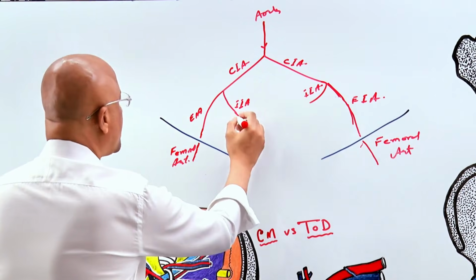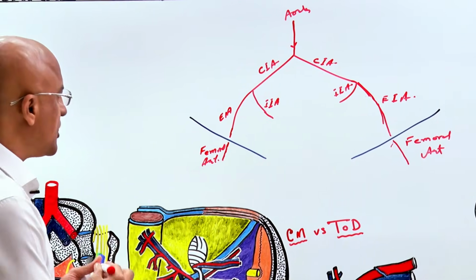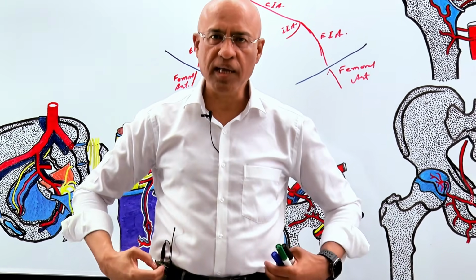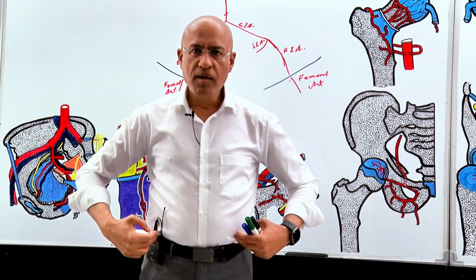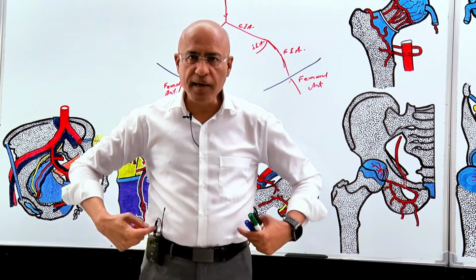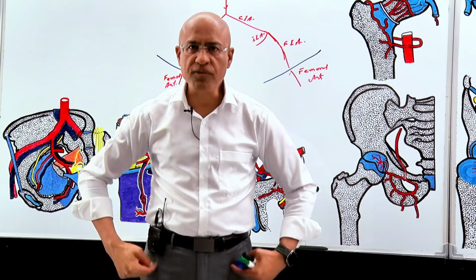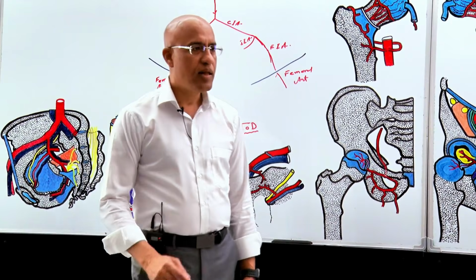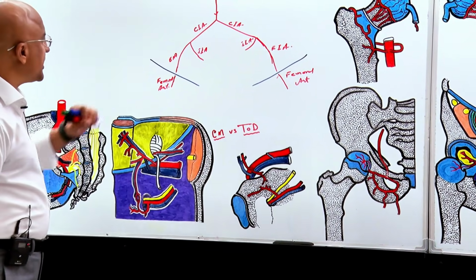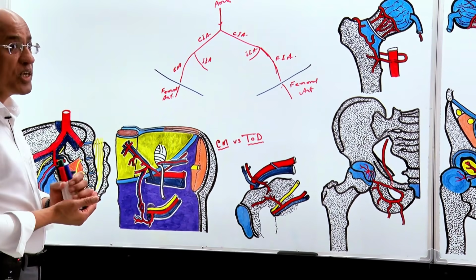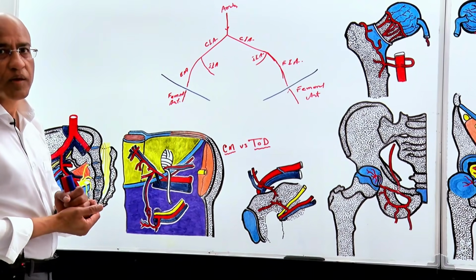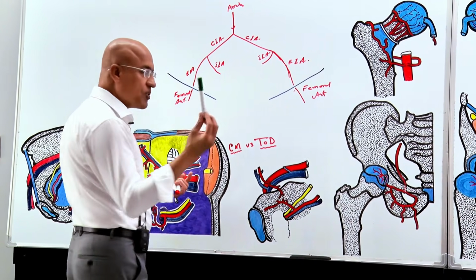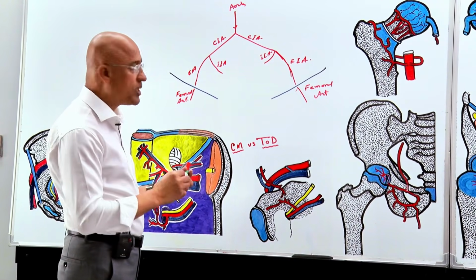Now, in this basic scheme, the aorta is there, and of course the common iliac, which divides into internal iliac and external iliac, and when it crosses the inguinal ligament, it becomes the femoral arteries. Out of this basic design, where is the origin of the obturator artery? The classical origin. I will make it green, just to differentiate it.